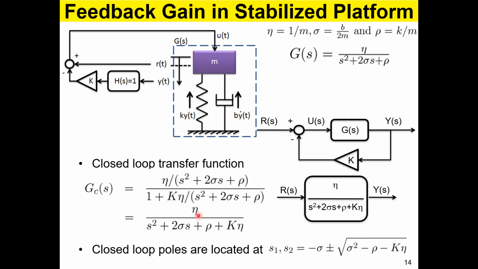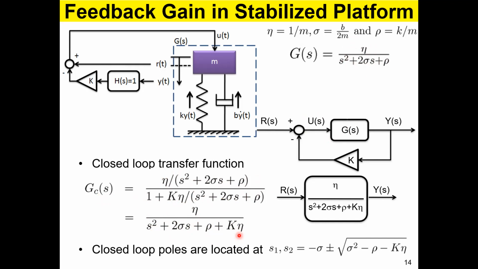When you simplify, it will look like this: eta over s squared plus 2 sigma s plus rho plus K eta. So it is slightly different from the open loop transfer function.